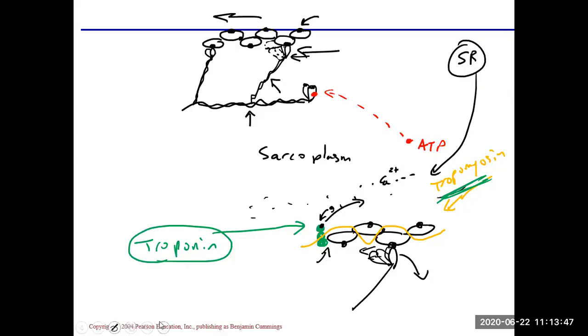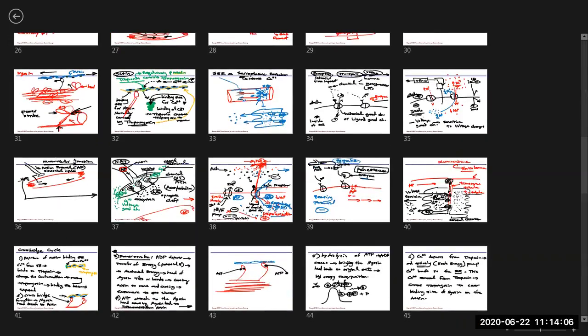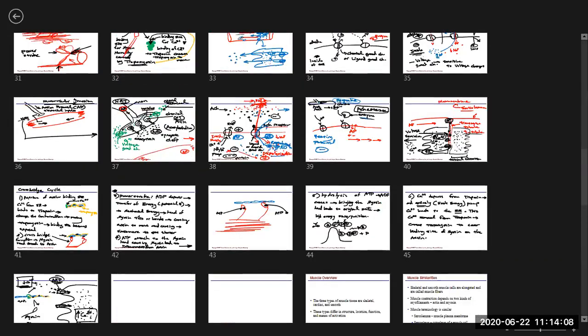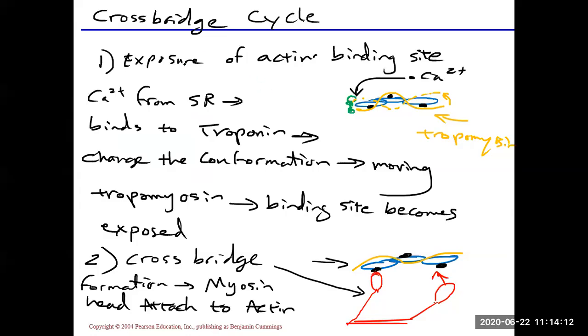So let's go ahead and take a look at a step-by-step formation and see what happens. I think I have that in my notes, so we can just take a look at it. So the cross-bridge cycle, step 1, is exposure of the actin binding site.